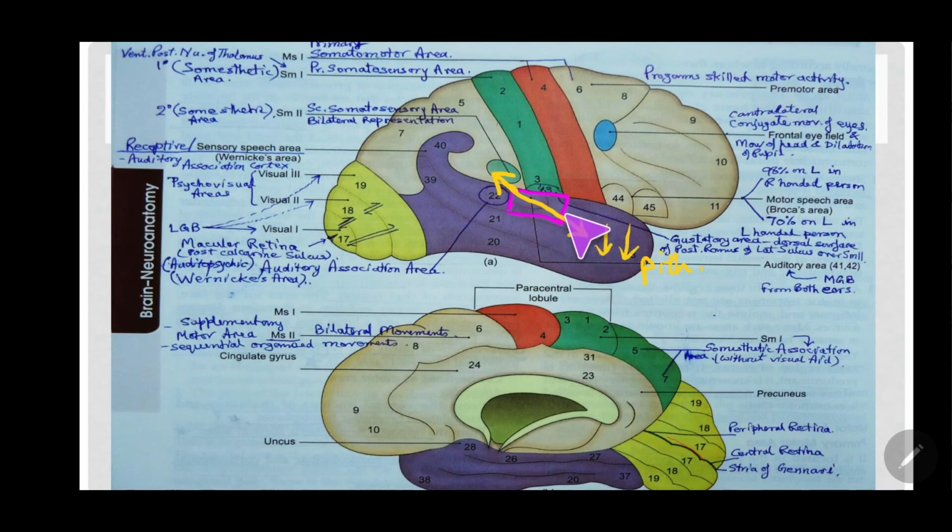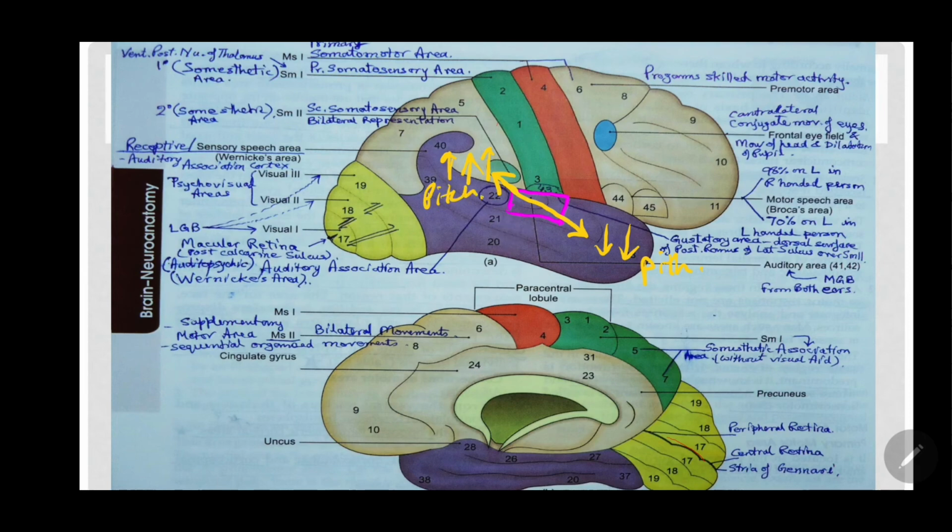The fibers carrying impulses from the low pitch sound, and impulses from the high pitch sound, relay on the posterior medial portion of the gyrus of Herschel. Here you see are the high pitch sounds, right. So this is about the pitch of the sound.